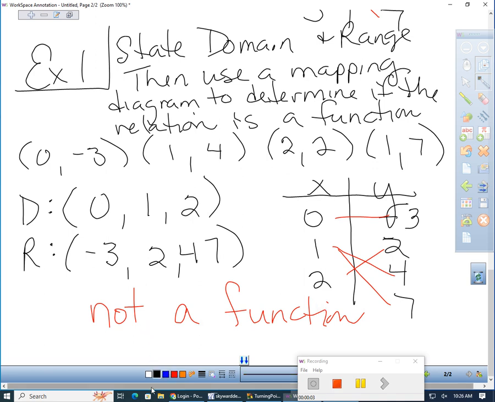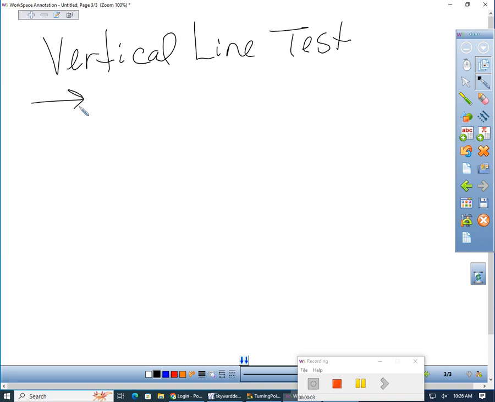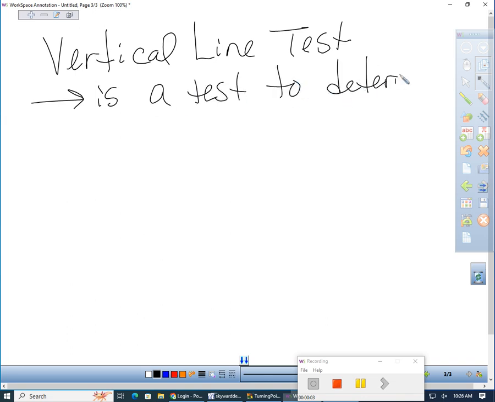Next thing I need to talk about is the vertical line test. The vertical line test is a test to determine if a graph is a function.